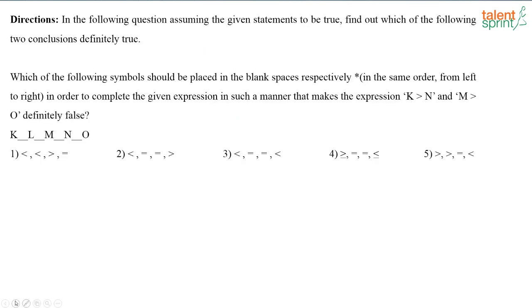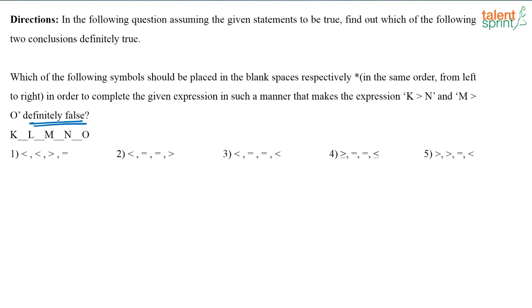Next one. Which of the following symbols should be placed in the blank spaces respectively in the same order from left to right in order to complete the given expression in such a manner that makes the expression k greater than n and m greater than o definitely false. So what you have to see here is that they are asking definitely false. So don't miss that out.